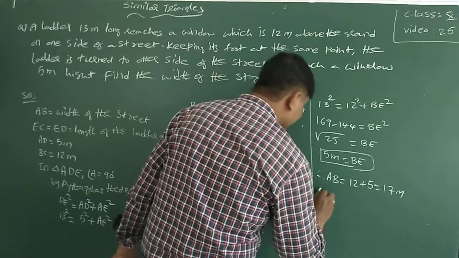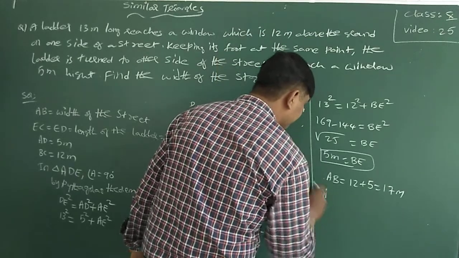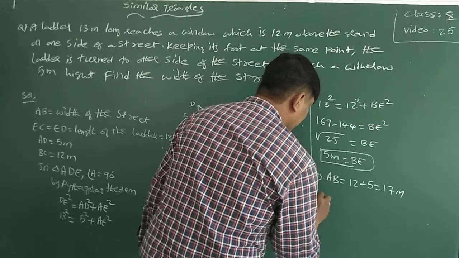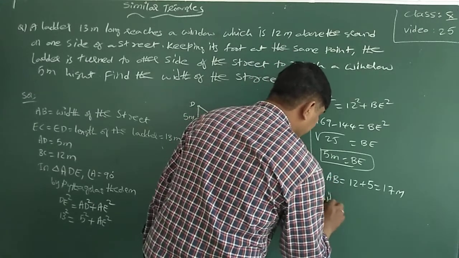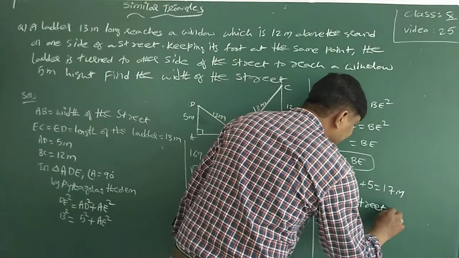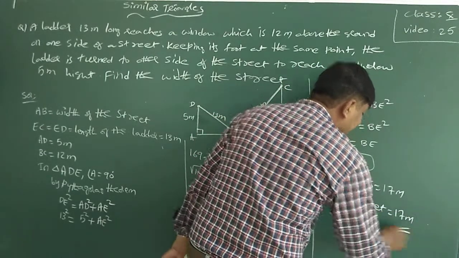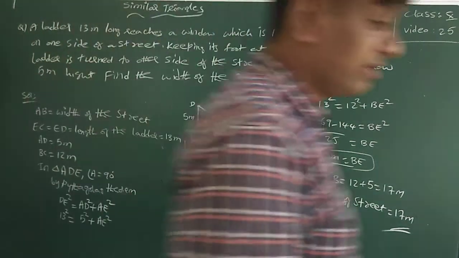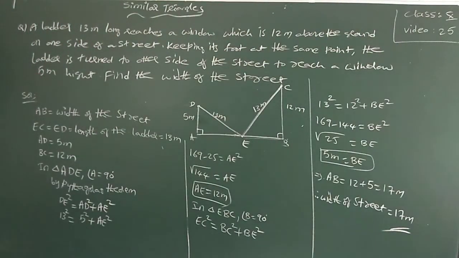Therefore, the width of the street is equal to 17 meters. Please note down: the width of the street is equal to 17 meters.